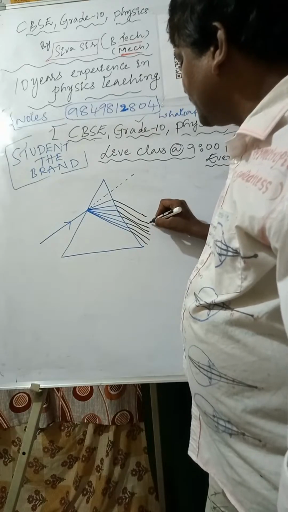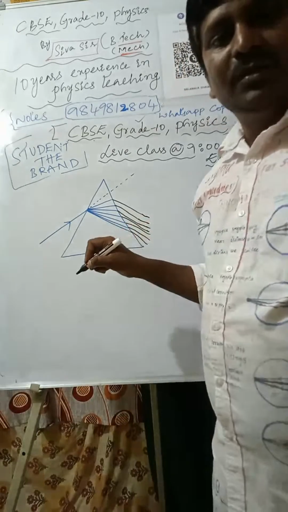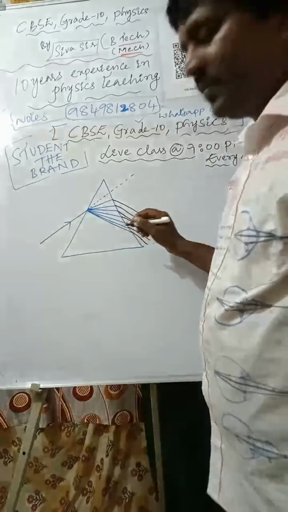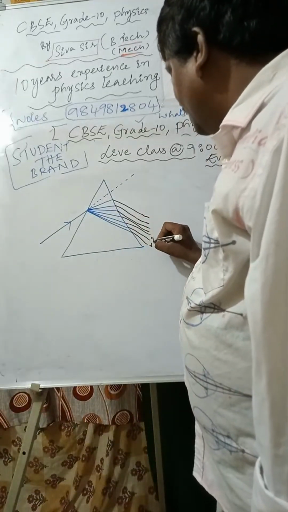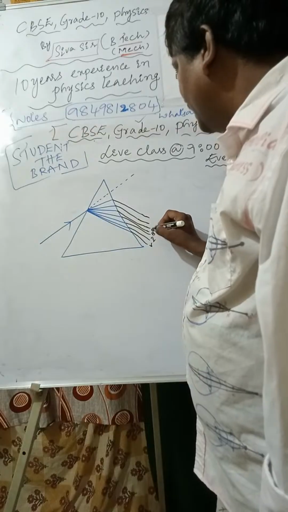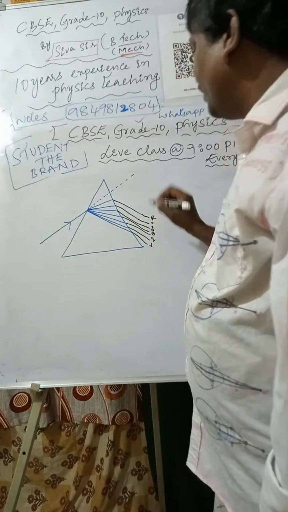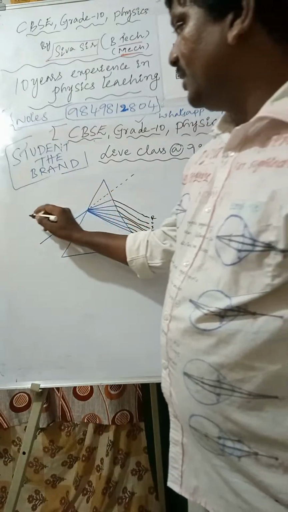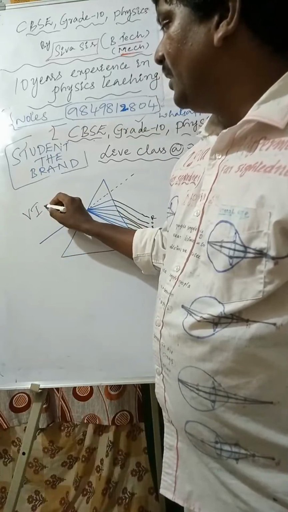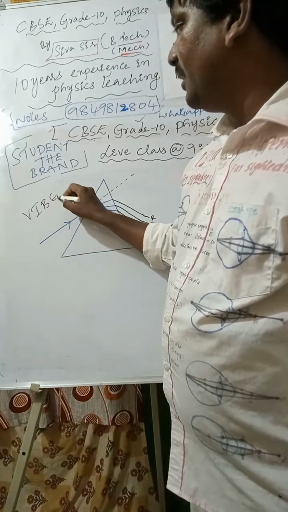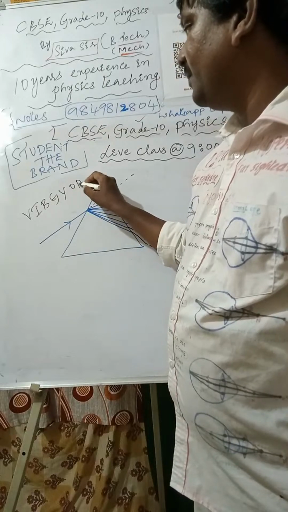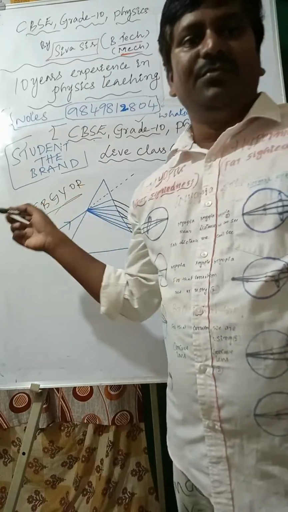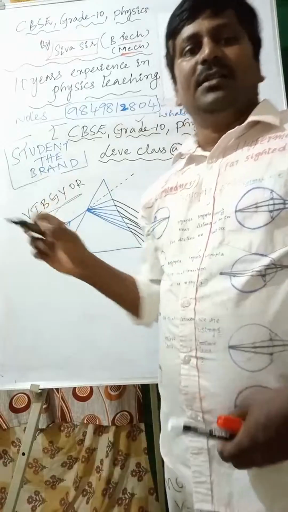Those are violet, indigo, blue, green, yellow, orange, red. So these 7 colors form on the screen.